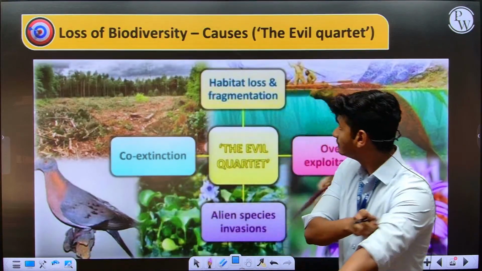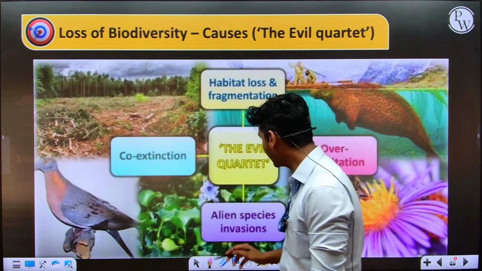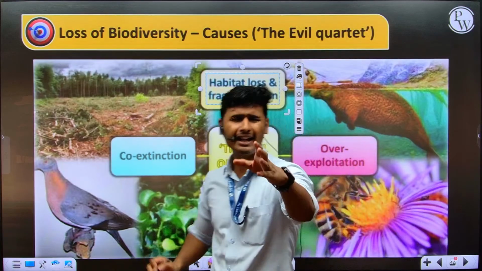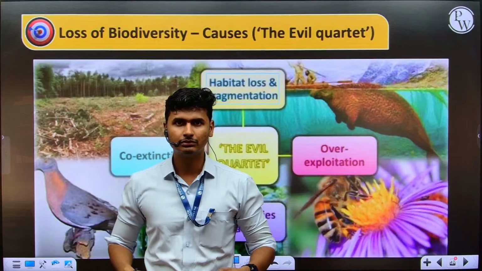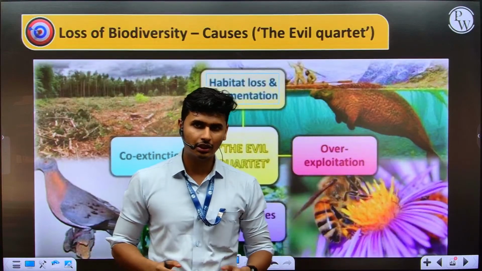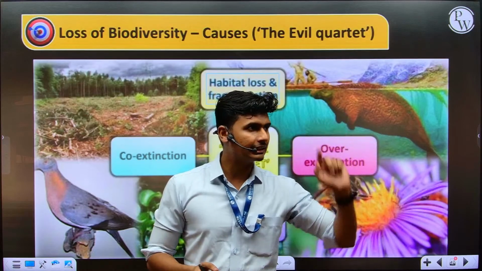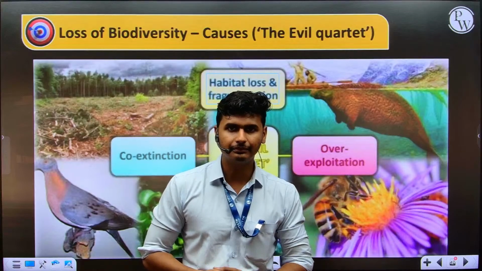Now, loss of biodiversity and causes, the four evil quartet. One is habitat loss and fragmentation. Assume you are sitting in a hall at home watching a TV show, and someone knocks on your door.